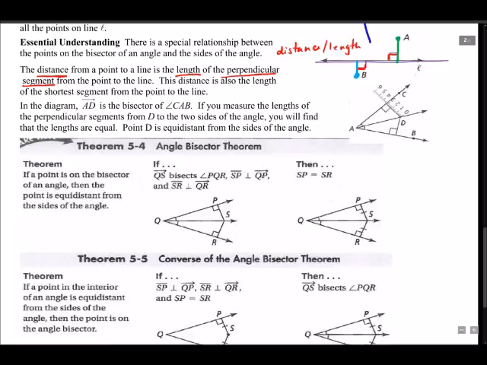We might ought to call it distance. Distance is always measured perpendicular. Okay, it's an important idea that's going to follow us.